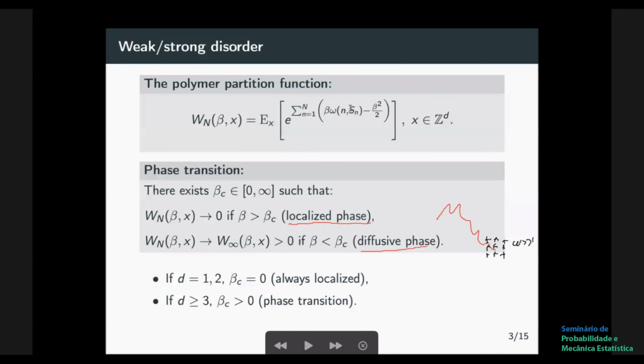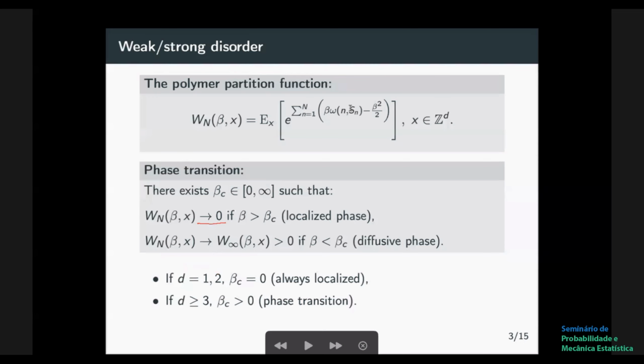There are other parameters you can look at, for example beta c bar, where you ask a bit more, for example for the partition function to converge exponentially fast to 0. And it has been proved recently by Huber and Stefan Jung that whenever Wn converges to 0, it actually converges exponentially fast to 0. In particular, thanks to that, whenever you are in the localized phase, there are many results of localization.